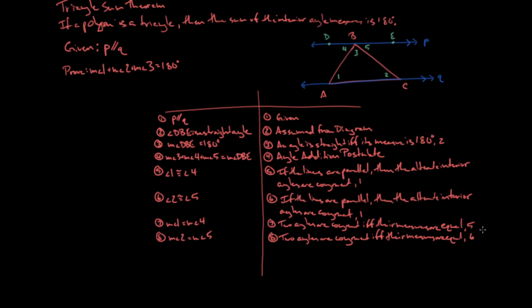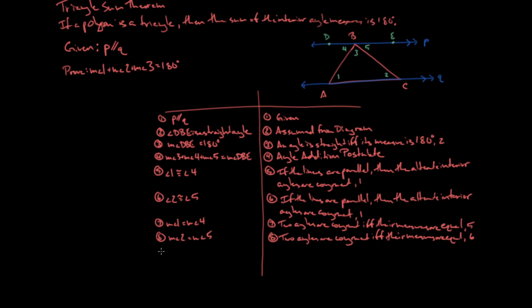Okay. Now here is the mega substitution step. What I've got is that I can substitute 1 and 2 in for 4 and 5 in this equation. And I can substitute 180 in for the measure of angle DBE in this equation.